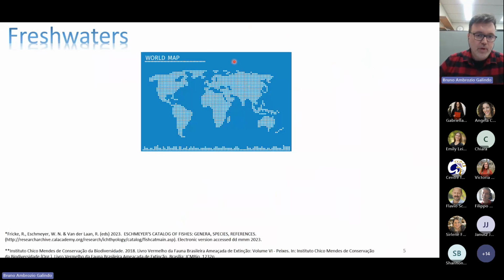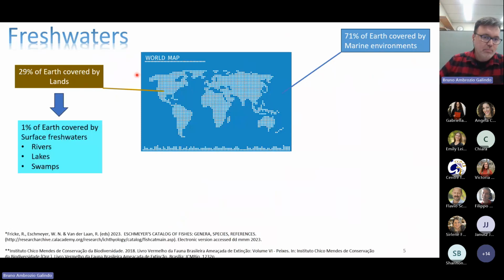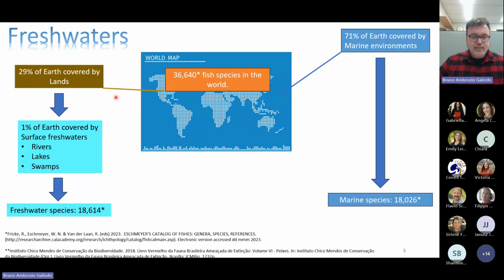So let's look at the freshwater environment. Here I have the world map. About 71% of the Earth's surface is covered by marine environments. The other 29% is covered by land, and only 1% of the Earth is covered by surface fresh waters, I mean rivers, lakes, and swamps. In the whole world, we have about 36,000 fish species, and they are divided in this way.